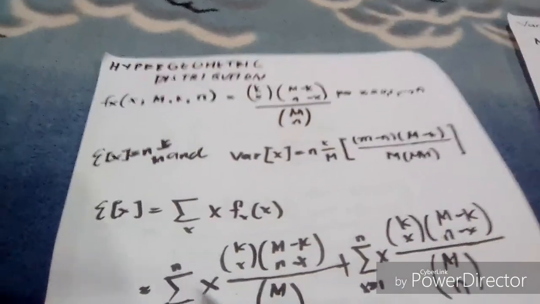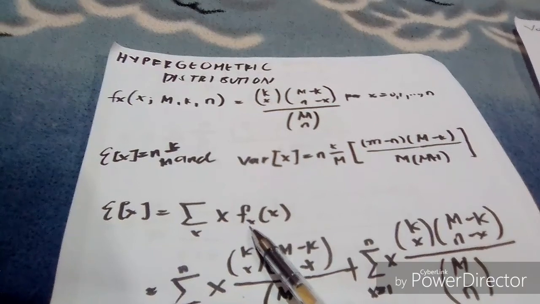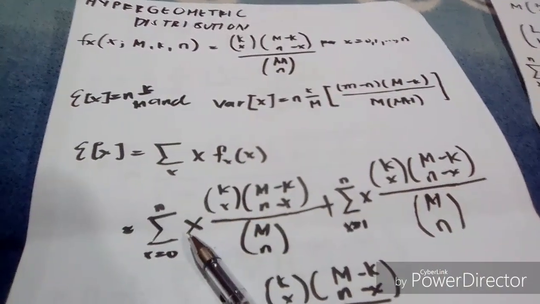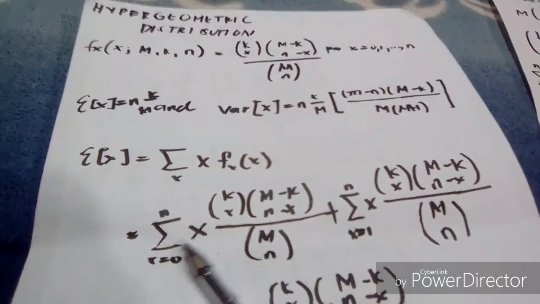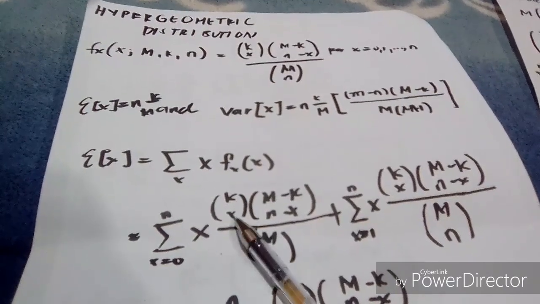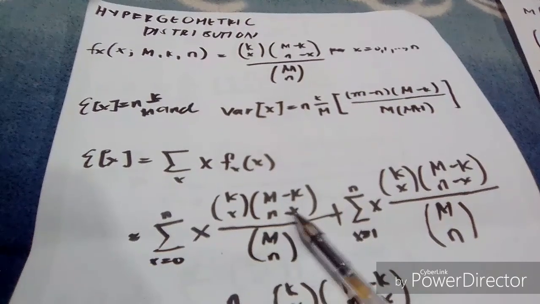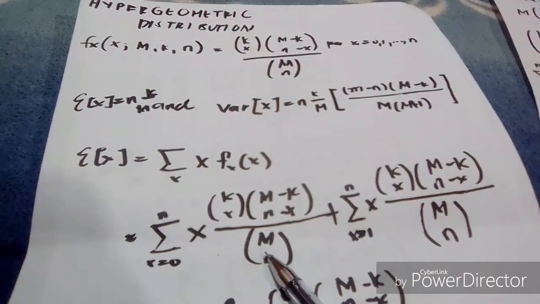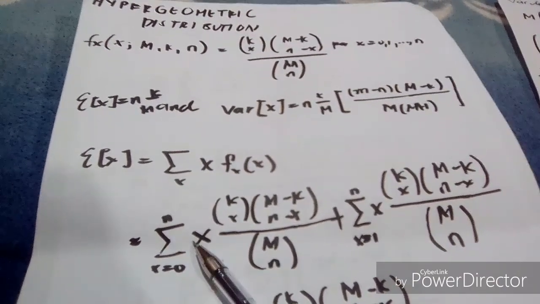So we have the expectation of x, the summation of x times f of x. By substituting the given, we have the summation of x times the quantity K taken x multiplied by the quantity M minus K taken n minus x, divided by the quantity M taken n, where x ranges from 0 up to n.